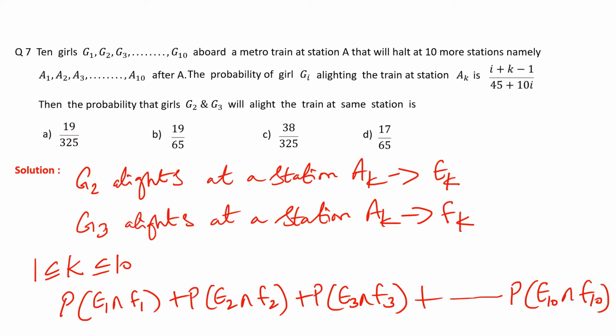Why am I adding all of these 10 probabilities? Because we have to consider all the possible cases, because both girls may alight at station 1, they may alight at station number 2, or they may alight at station number 3, and so on till station number 10. Clear? Now we have to use the multiplication theorem of independent events and solve this problem further.